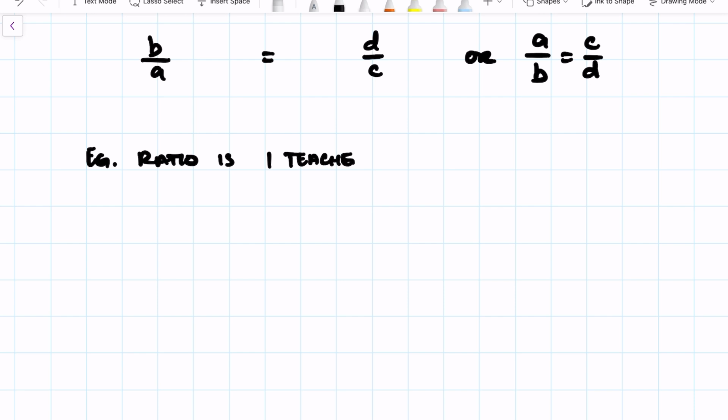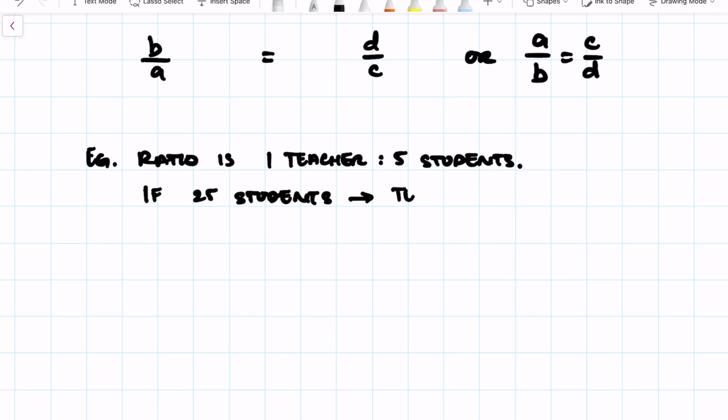Let's say one teacher for every 5 students. And we'll try to have a nice number to compare it with. If there are 25 students, then how many teachers? I'm just keeping this very simple.